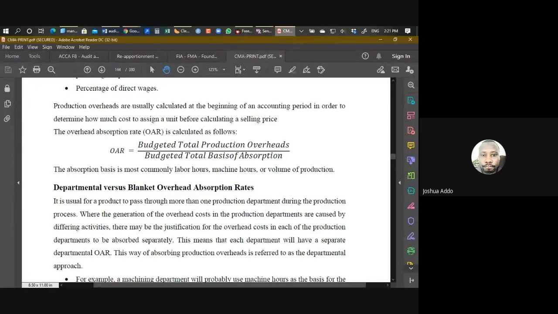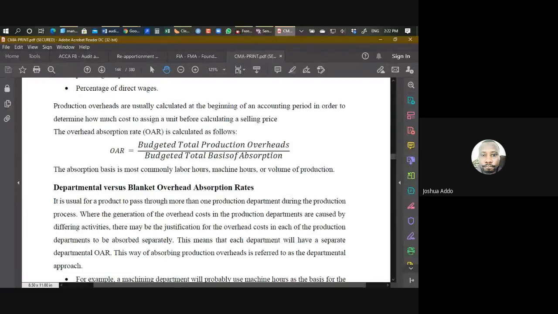We will assume that in our case, all budgets become the same as the actual. So there's no deviation between budgets and actuals. In that case, there will be no issue of over-absorbed or under-absorbed. That's the assumption we will make, just to simplify the analysis, for your level.